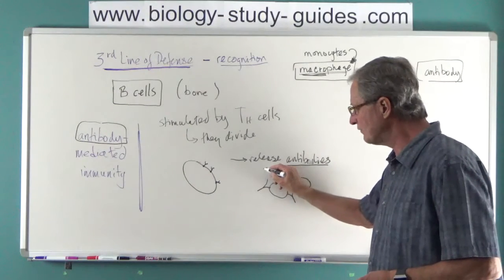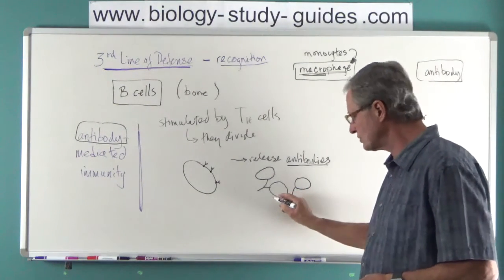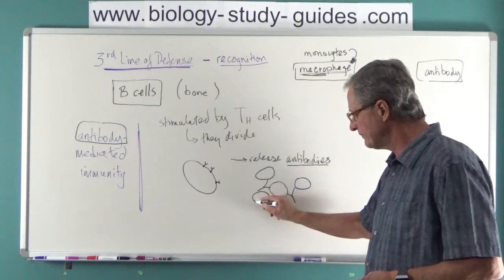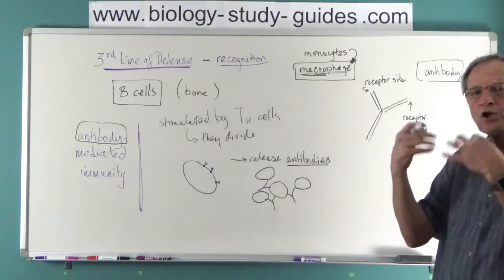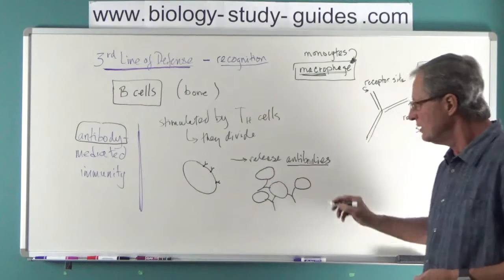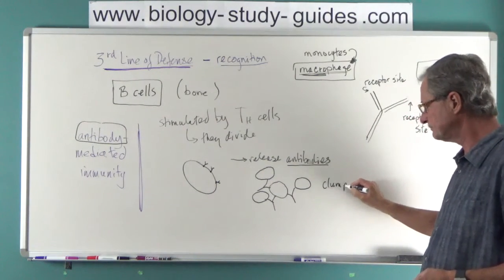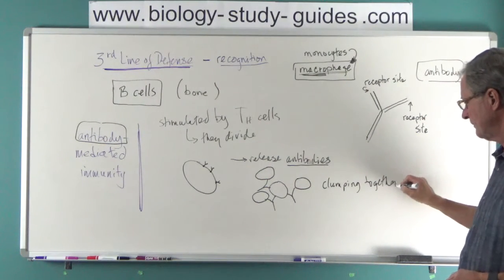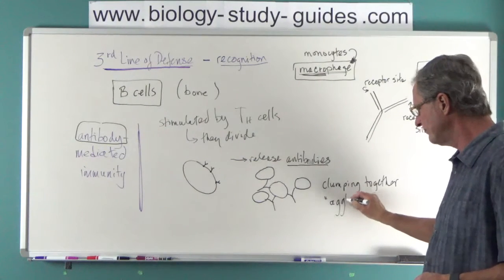So what happens if you think about it, if you look at this thing on a larger scale, if you get antibodies and lots of these foreign cells bearing the foreign antigens, you'll get these cells clumping together. This clumping together is called agglutination.